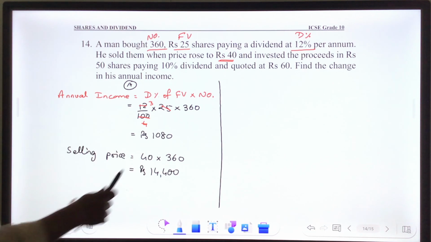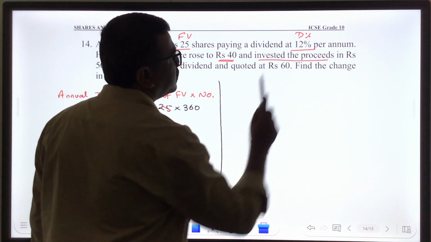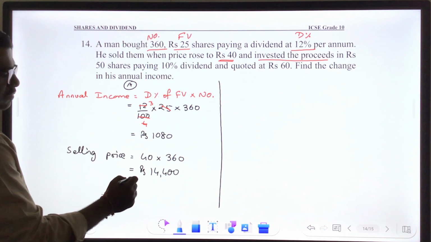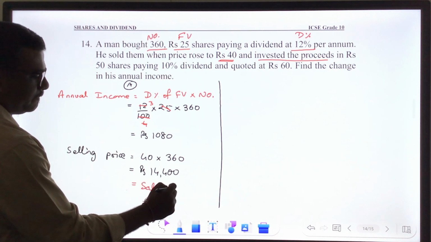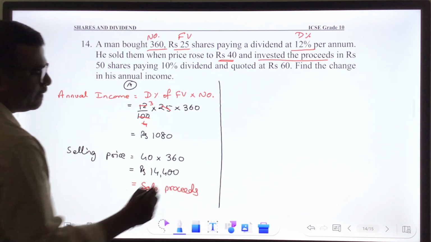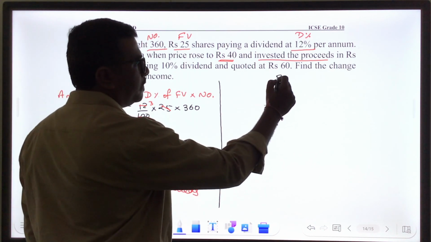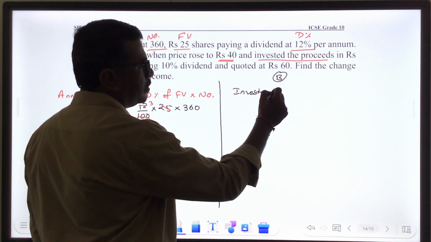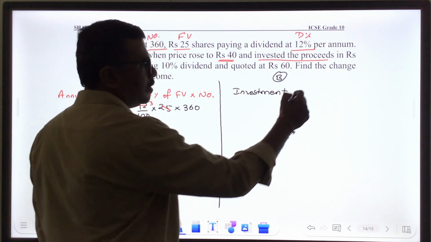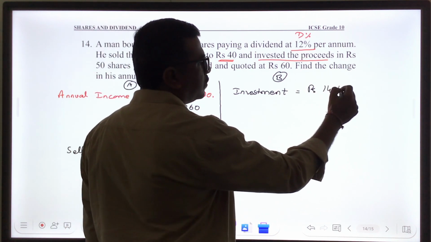Now this is invested in second company. So this becomes sell proceed. So in company B, investment will be rupees 14,400.